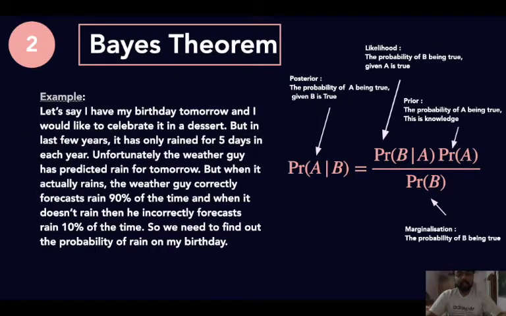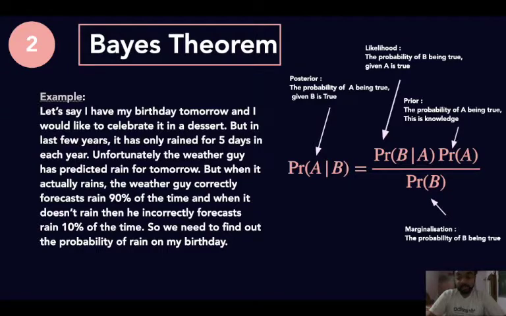So let's understand it with an example to get a better idea of the concept. So let's say I have my birthday tomorrow and I want to for some reason celebrate in a desert, but the history says that it has only rained for 5 days per year in the past few years. So what next?